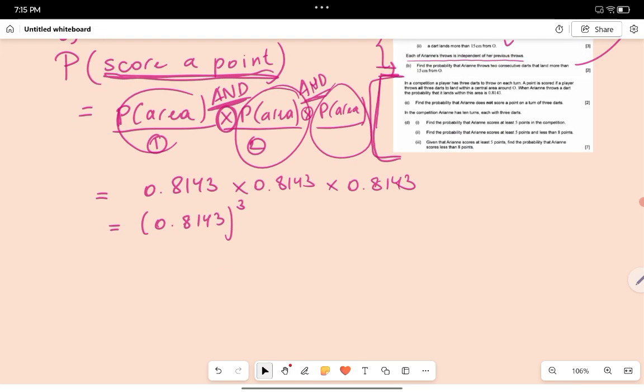So remember that if we have P(A), the probability of A happening, then P(A') with this accent will be not A. So we are now looking for the probability to not score, and that will simply be 1 minus the probability to score.